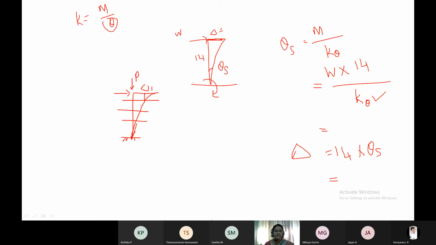Then you can see here there is another additional deflection. So additionally it is increasing: delta 1, delta 2, delta 3, all these things. So there is a lateral deflection happening. So this gravity load along with this deflection, that P into delta, will create an additional moment at the base of the structure. Okay, P delta.